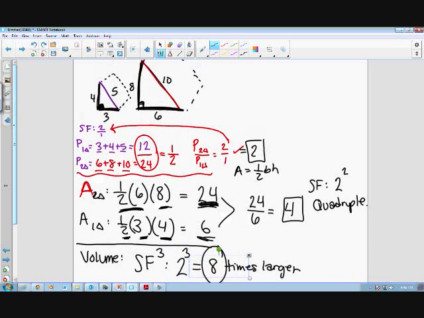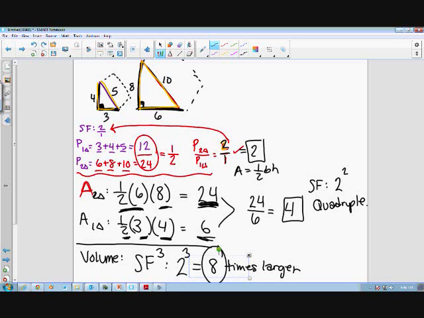In 1 dimension, when you double the side lengths of every side of the triangle, the ratio of the perimeters is 2 over 1, which makes sense because all we were doing was doubling. But that's 1-dimensionally.